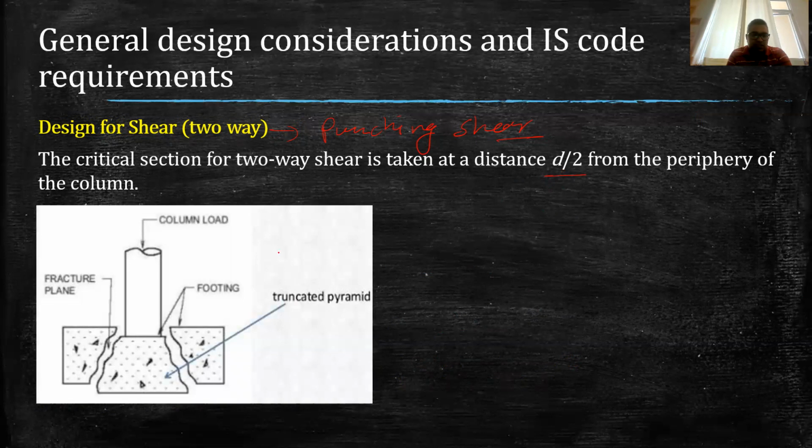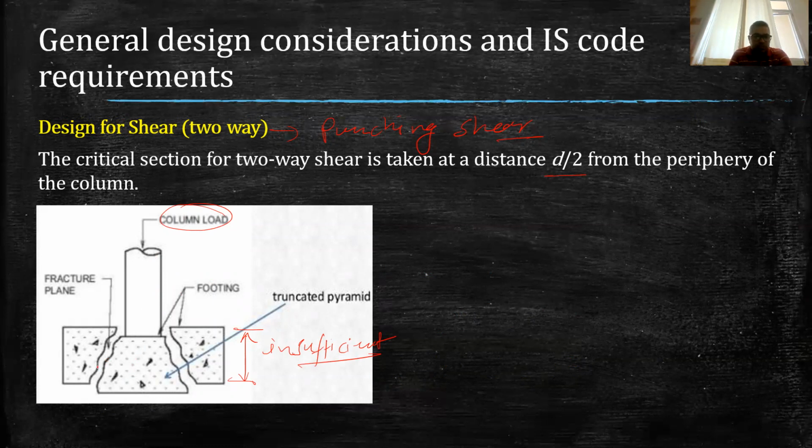First we will try to understand this punching shear. In this figure, you can see this is the column load. If this column load is very heavy, very high, and if this thickness is insufficient, then what will happen? The column will punch through the foundation. In the process of punching, it will also take some part of the foundation along with it.